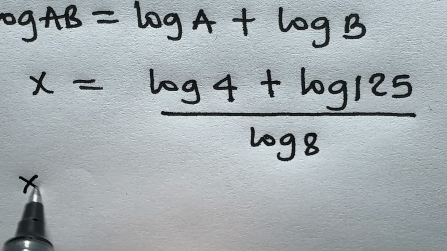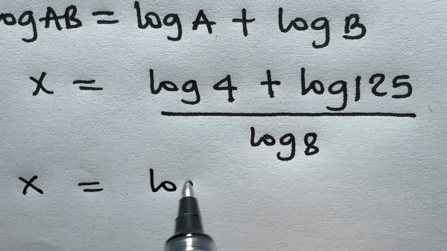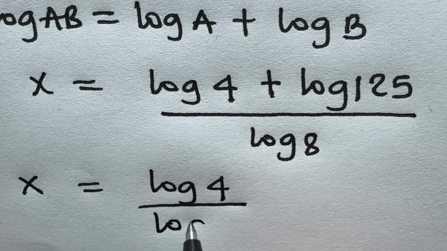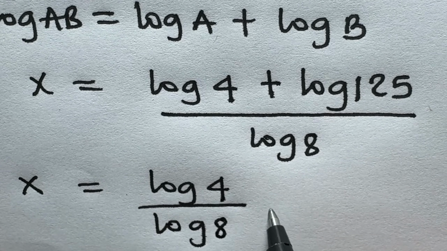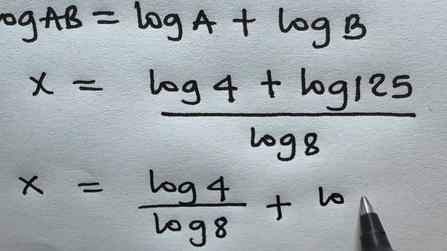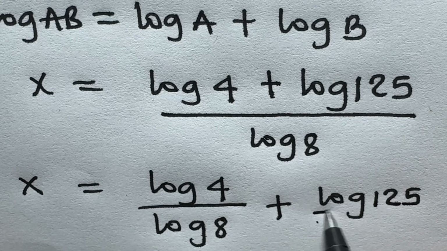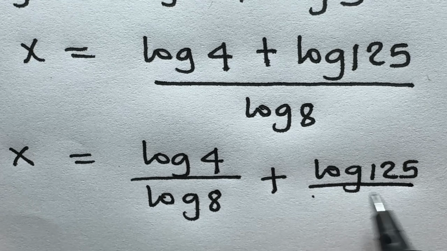Then I'll separate that division to give us log 4 divided by log 8, then plus log 125 divided by log 8.